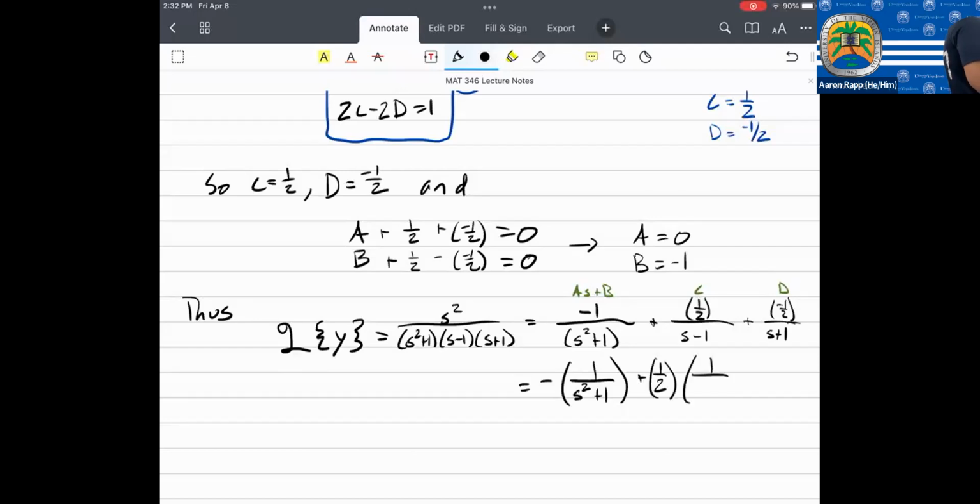1/2 times 1 over s minus 1, minus 1/2 times 1 over, well, I want to change that s plus 1 into s minus some number, so I can make sure it's clear that I'm viewing this as a Laplace outcome from the Laplace transform of an exponential function. Well, adding 1 is the same thing as subtracting -1.